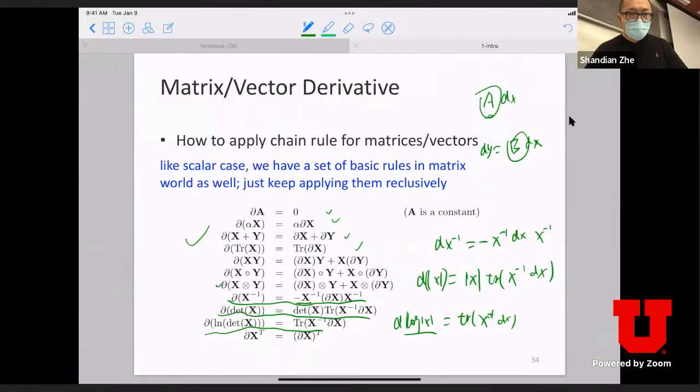This one? Oh, this is called the Kronecker product. And this one is called the Hadamard product.